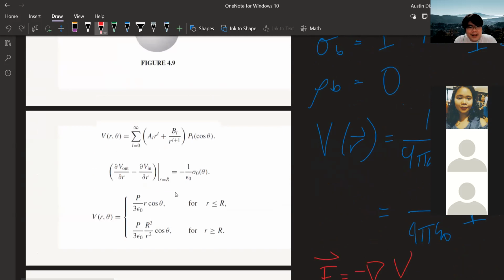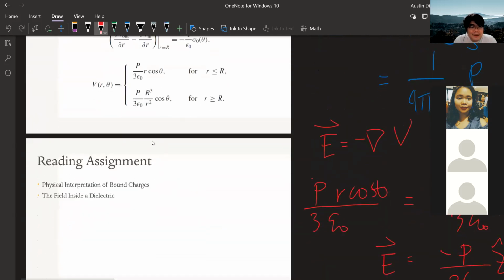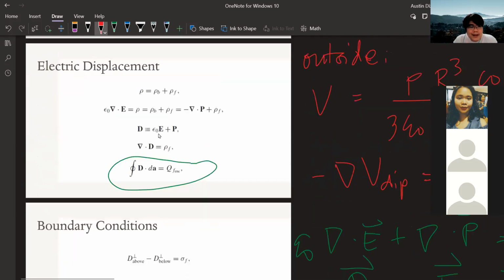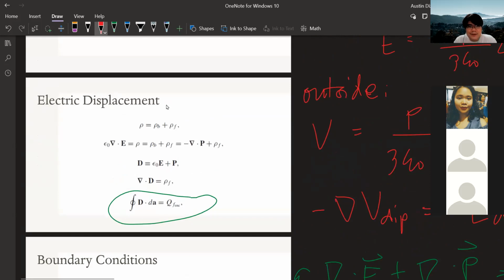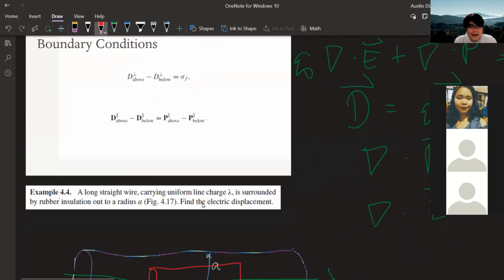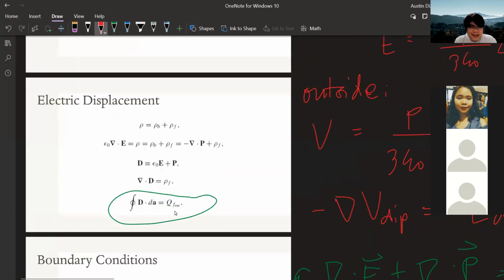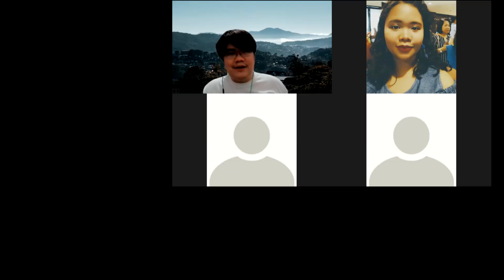Tapos tinry natin separation of variables for spherical as practice for exam. And then the electric displacement, which is the analog of the electric field in matter. Kapag may matter ka na, electric displacement na gagamitin mo. And correspondingly, meron kang boundary conditions for that. So we have another Gauss's law for electric displacement. That's it for the lesson today.